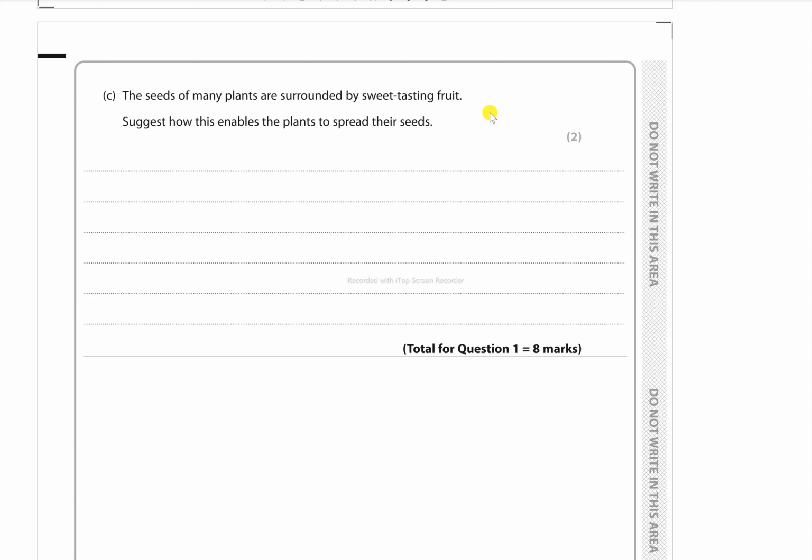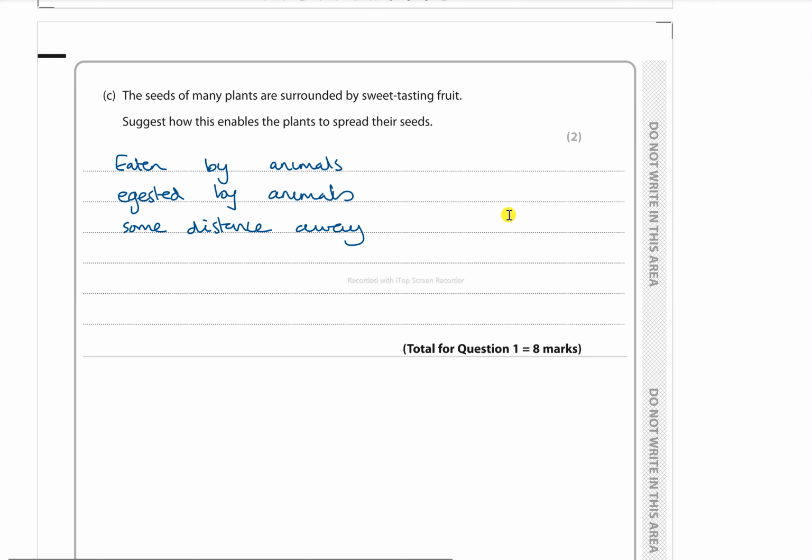So what happens is it is eaten by animals, or humans, and then it's not digested by them, so it is excreted by animals, normally some distance away, and then they can germinate over there.